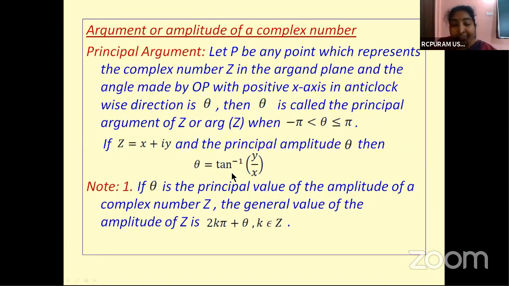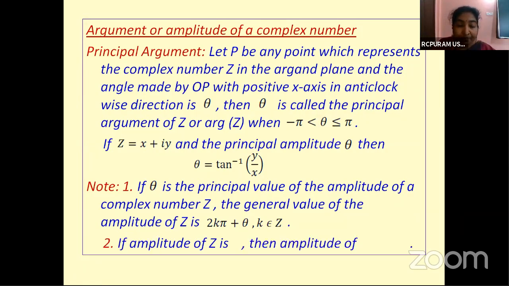Why like this? We are dealing with trigonometric terms here. Trigonometric functions are periodic. That means the value you get for theta in this interval may also repeat for other values, since trigonometric functions are periodic. So the general value of the amplitude of Z is taken as 2k pi plus theta, where k can take any integer value.